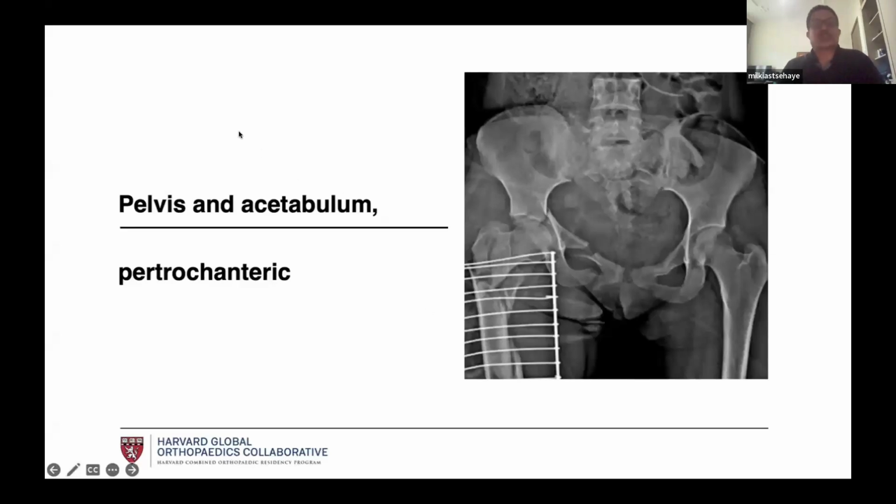She came in shock, was resuscitated and kept in the ER for about 5 days, and was transferred to the orthopedic ward after she was stabilized with her vital signs. We put on a proximal tibial pin traction and a posterior gutter.